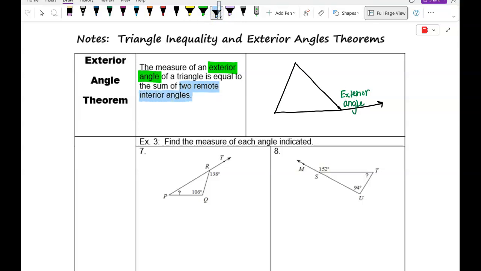Obviously we know there are three angles in a triangle. They're talking about the two angles that are not adjacent to the exterior angle that we are talking about. The one that is adjacent to it is the one that shares a side, which means the other two, in this case this angle here and this angle here, would be our remote interior angles.